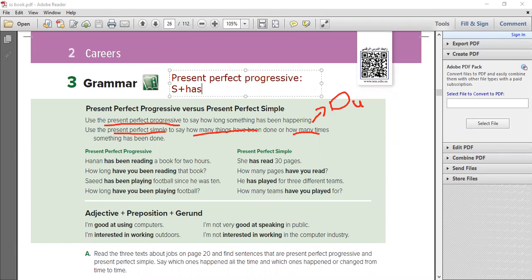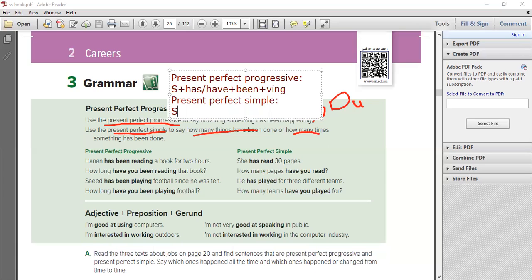Very good, this is a very good thing to remember. Now move on to the present perfect simple: subject plus have or has, plus verb 3.